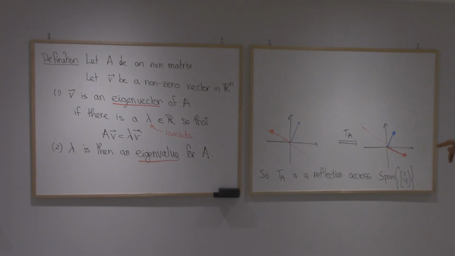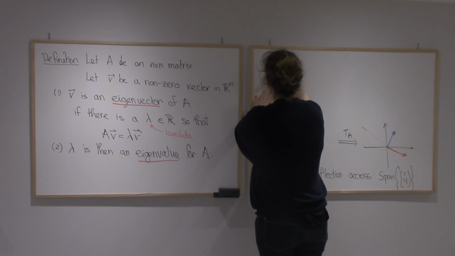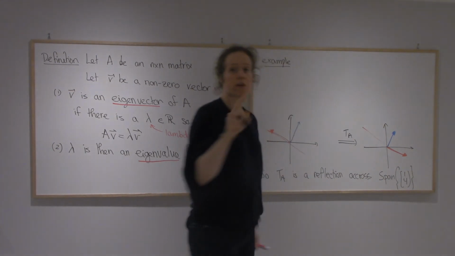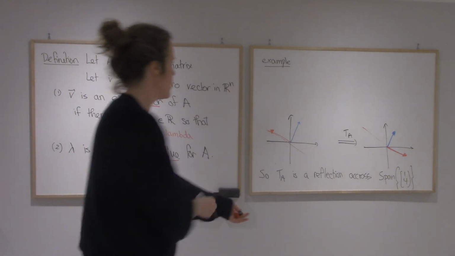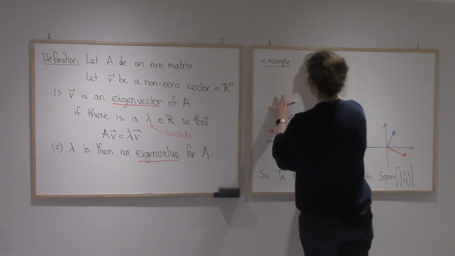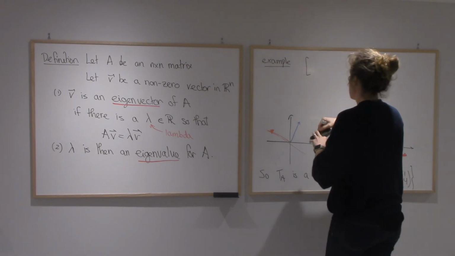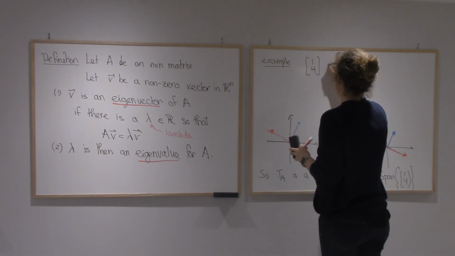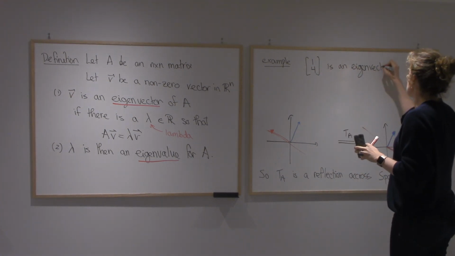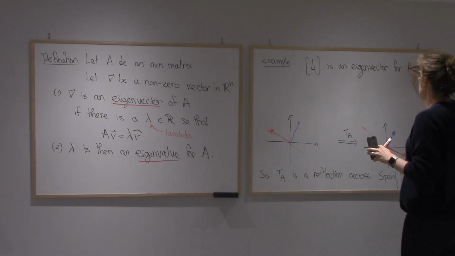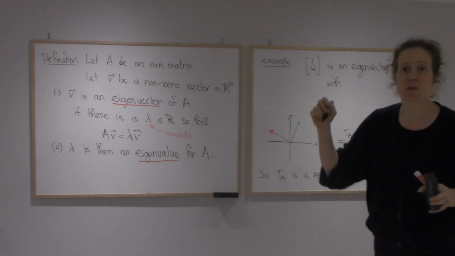Alright, so in the example we had over there, the two vectors, the blue and the red, are both eigenvectors with different eigenvalues. That one was (1, 4), which is an eigenvector for A with the eigenvalue, well that one was preserved, so the eigenvalue is 1.